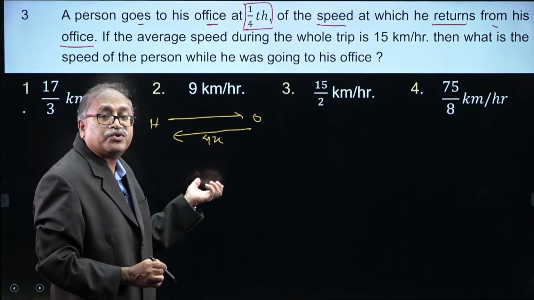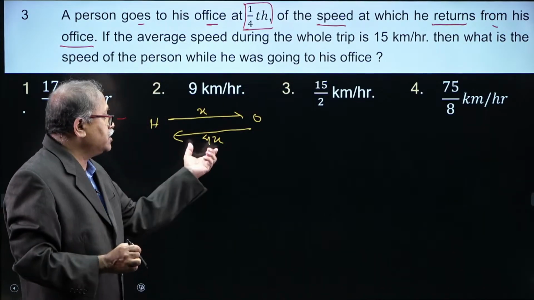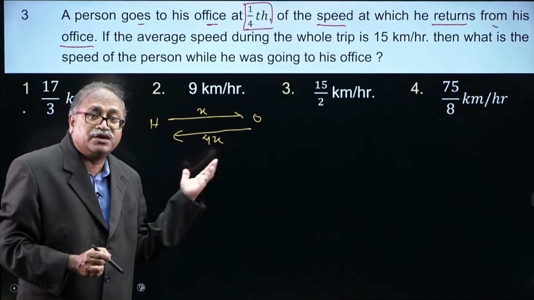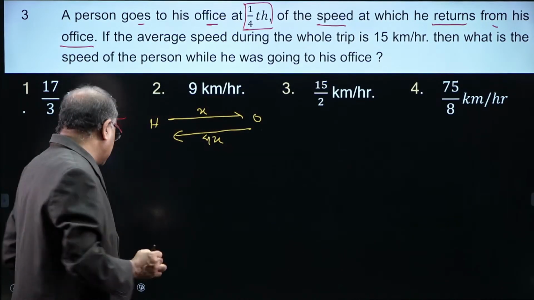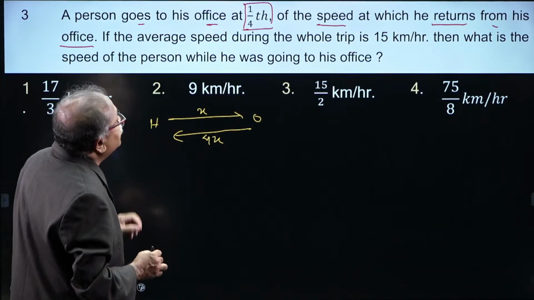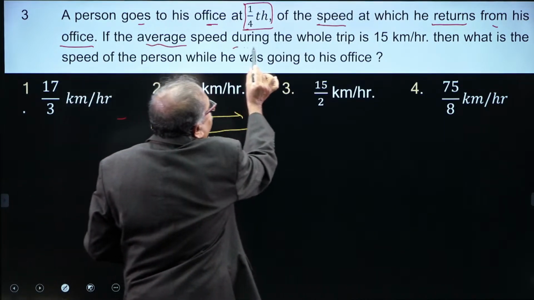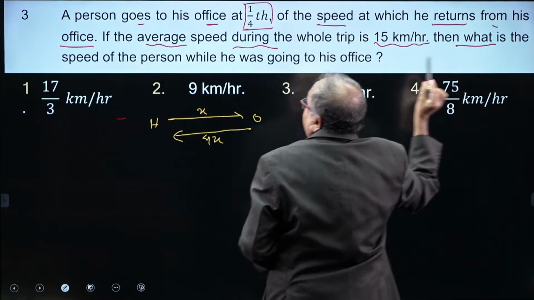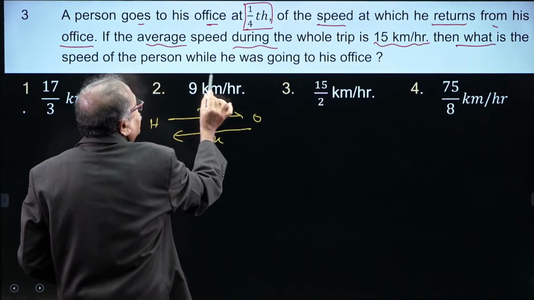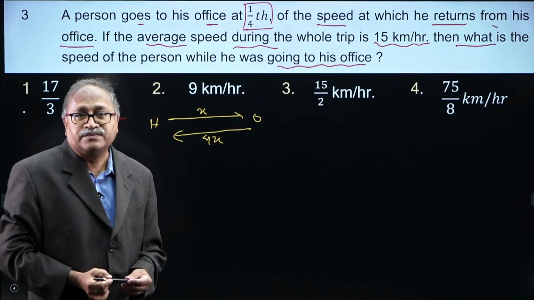What is 1/4 of 4x, which is x? In order to avoid the decimal, I took this as 4x. Returning speed 4x, then going to office will be x. Allow me to read down the next part. And if the average speed during the whole trip is 15 km per hour, then what is the speed of the person while he was going to the office?